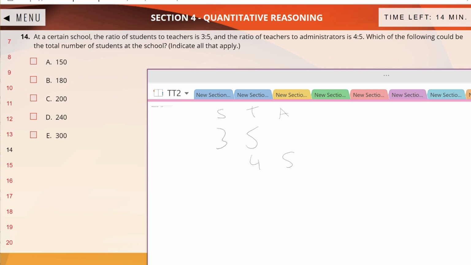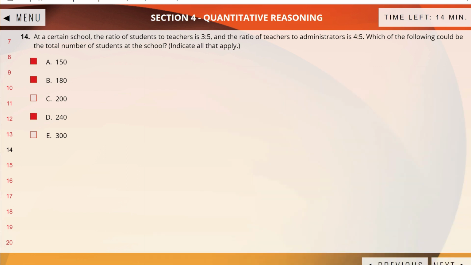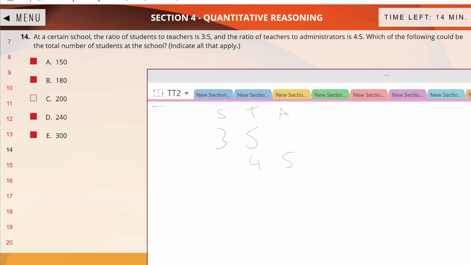Which of the following could be the total number of students at the school? So obviously we know it's a multiple of 3, but not all of them are multiples of 3. A, B, D, and E are multiples of 3. But I feel like that's too easy. It's too obvious that those are the multiples of 3.